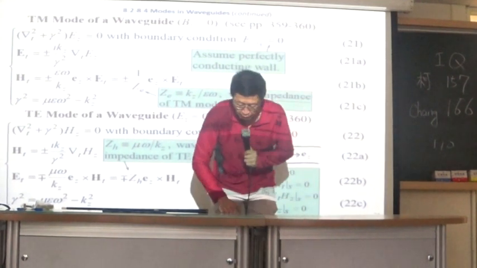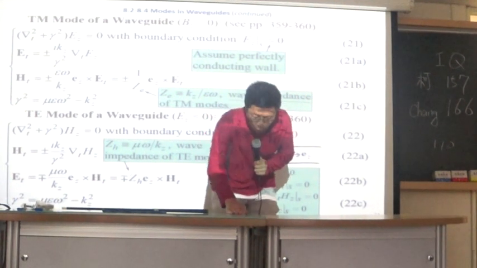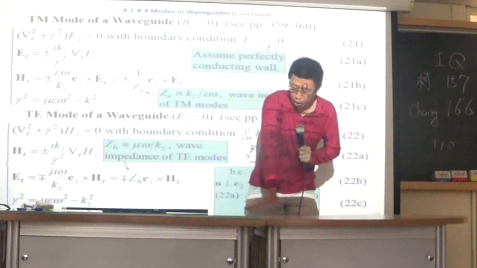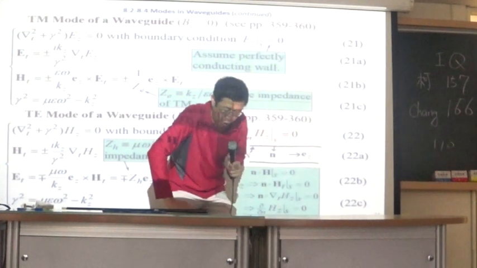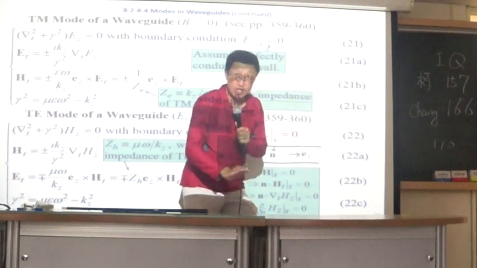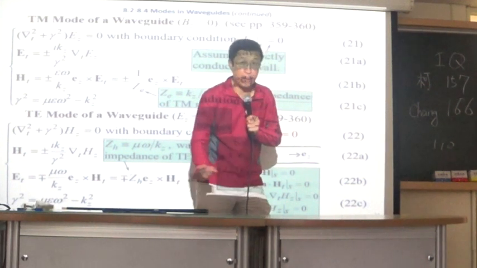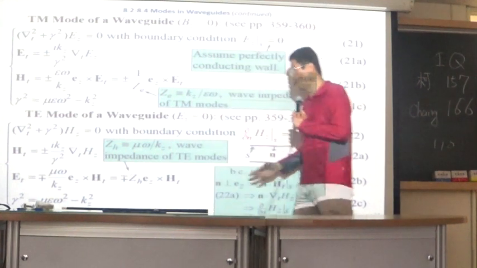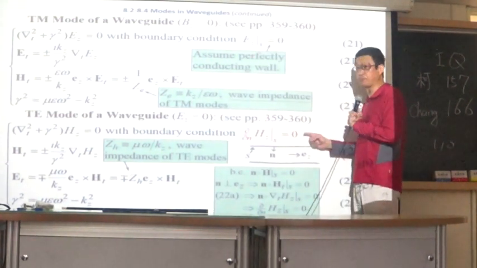The surface current just flows on the surface of a conductor, so the magnetic field will be in this direction. So just tangential, no perpendicular component of magnetic field. Therefore, we will use the same properties here.